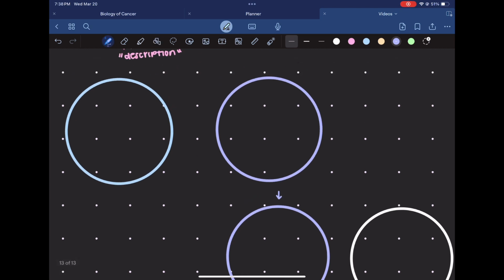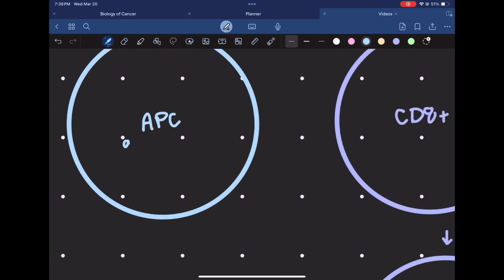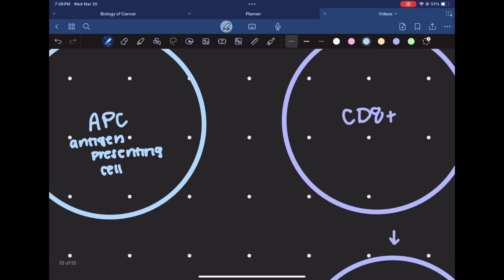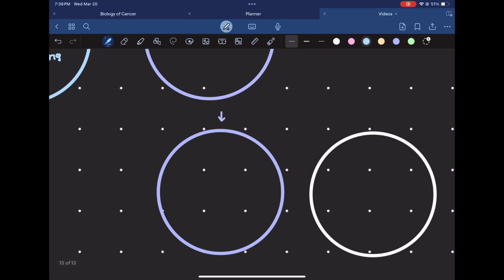So I start out and I have my CD8 plus here, and this is an APC, which is an antigen presenting cell, which is essentially going to give a description of our tumor cell, which is down here in white.